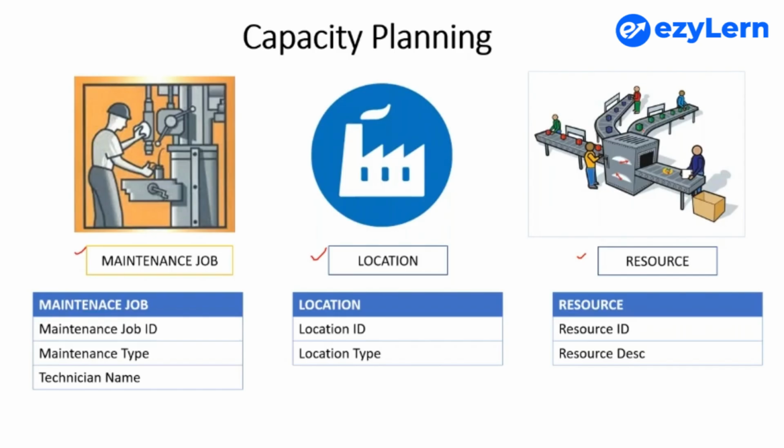Okay, so for today, we'll create these three master datas: maintenance job master data, location master data, and resource master data. But location master data is a standard master data, and this will be already configured in your system if you have inventory optimization.